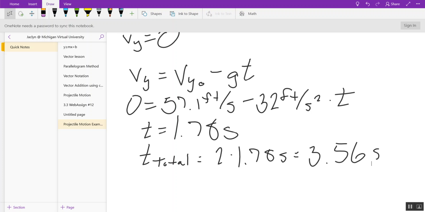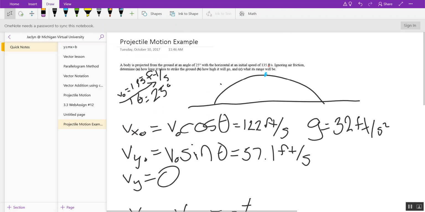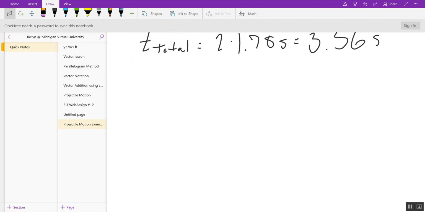And if we look then at part B, we want to know how high it is going to go. So let's look at part B now. So this is part B. Now I want to know height. So I want to know my max height. Okay. I still know the things that I knew before.